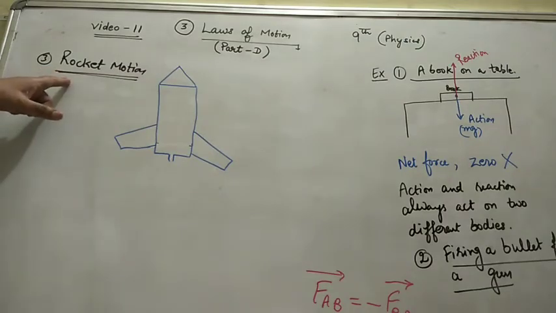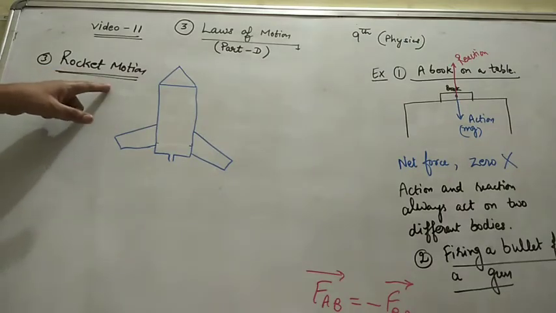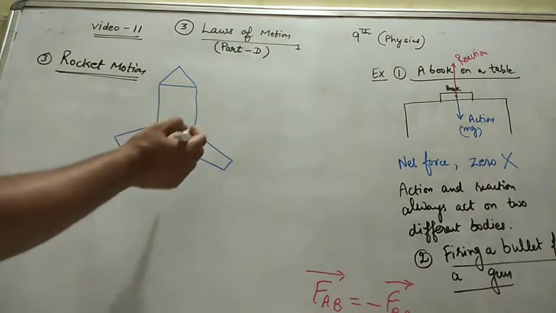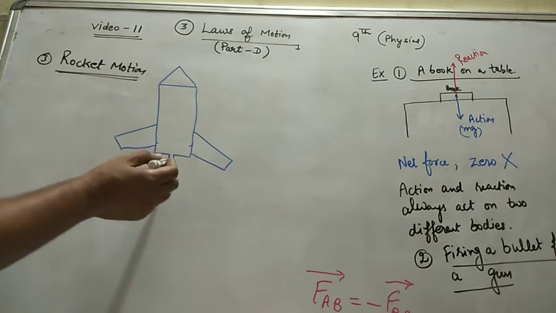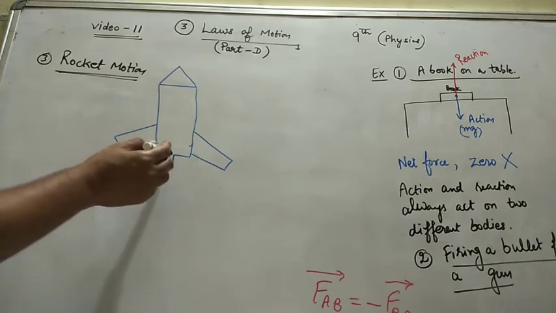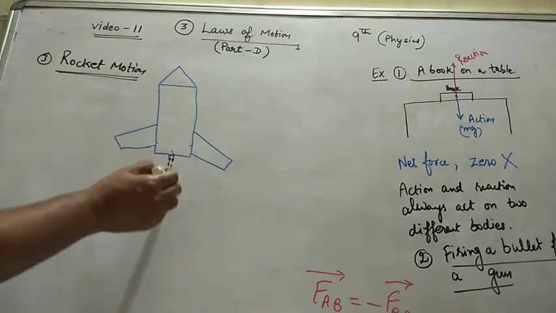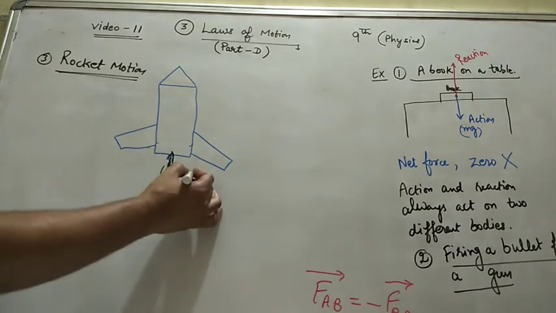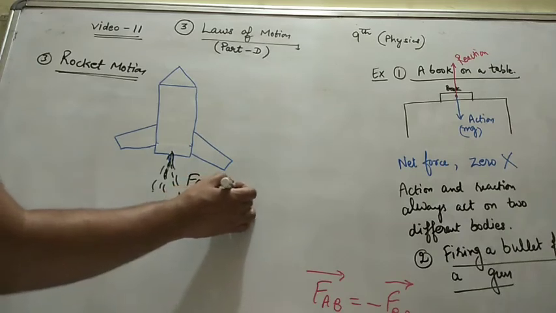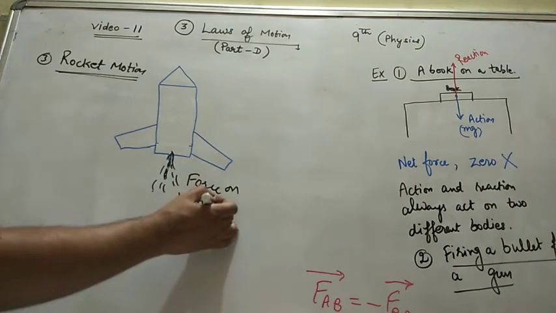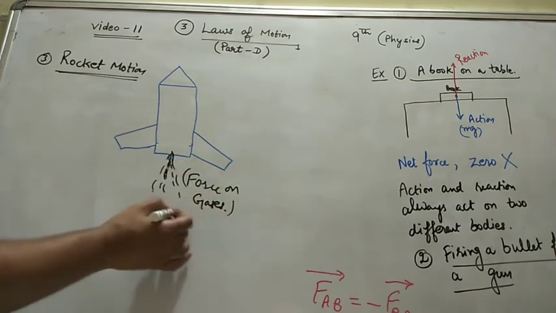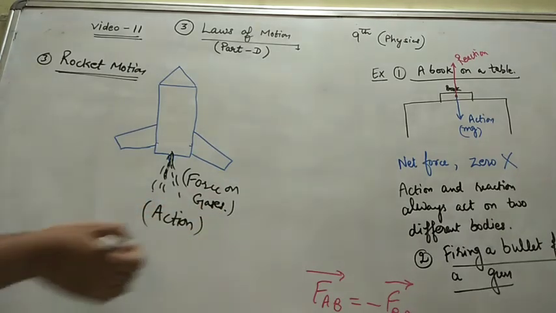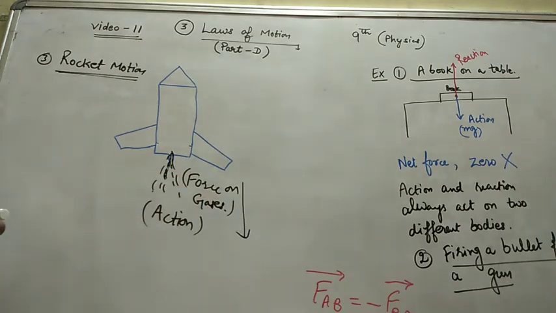In the third example, we'll consider rocket motion. Again two forces are acting. One is the force on gases which are exhausting through this nozzle in the downward direction. So this is the force on gases. That is action. Action is acting downward in this way.